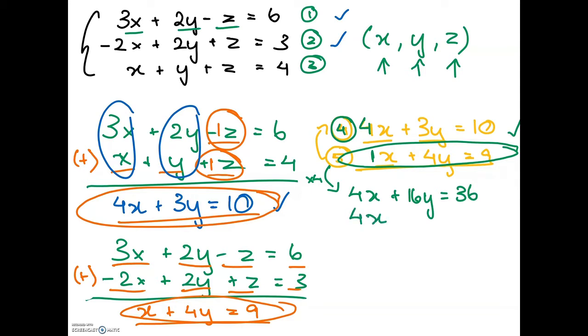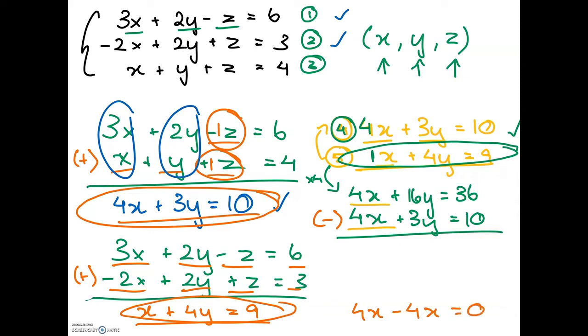So if we bring that down here, we have 4x plus 3y equals 10, and as you can see, the coefficients of the x terms are the same. So in this case, we have 4x and 4x. Now what we can do is subtract both equations, because in that case, we would have 4x minus 4x, and that eliminates the x, which is what we want.